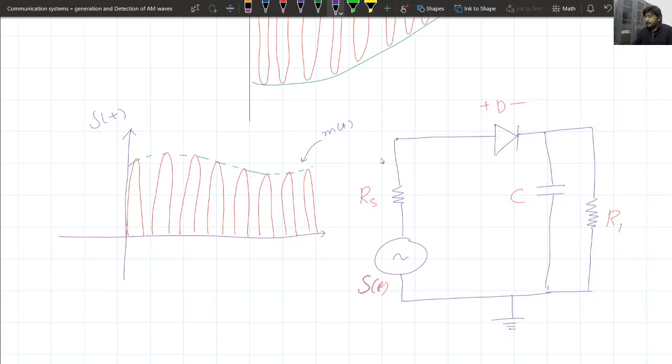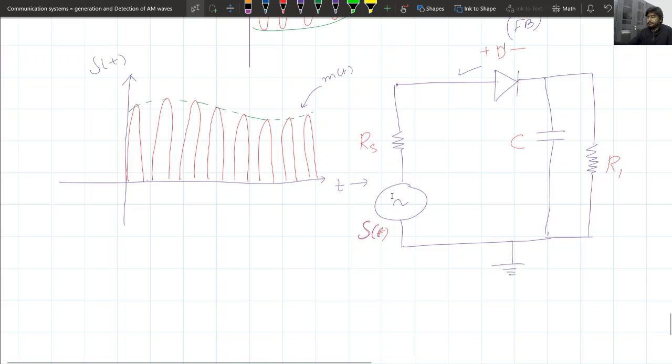We have drawn the rectified form of s(t) because this diode will work in the forward biased mode. It is basically acting as a switching device, unlike the non-linear device that we saw in case of the square law modulator. This will only act as a switch in the forward bias zone.